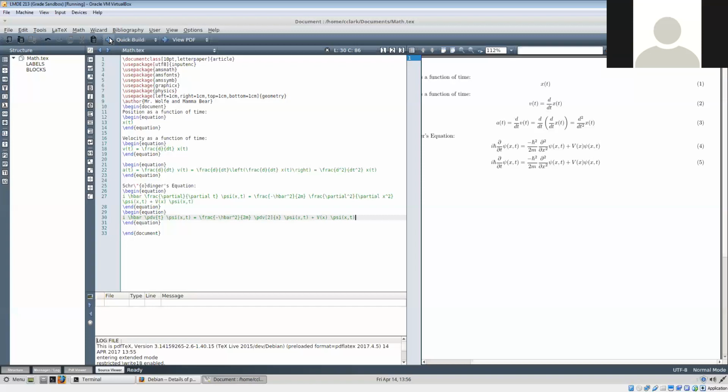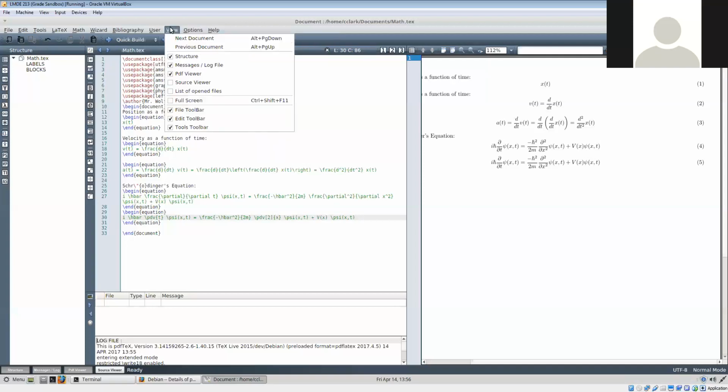I use parentheses or curly brackets. For what? After psi, I have parentheses. Those are the parentheses that are the argument, like the function argument. I'm going to make this font bigger. hbar squared, curly bracket.